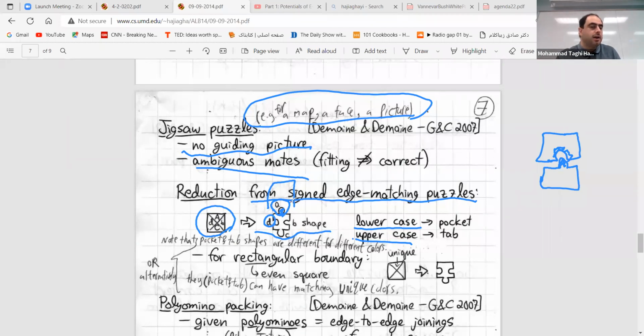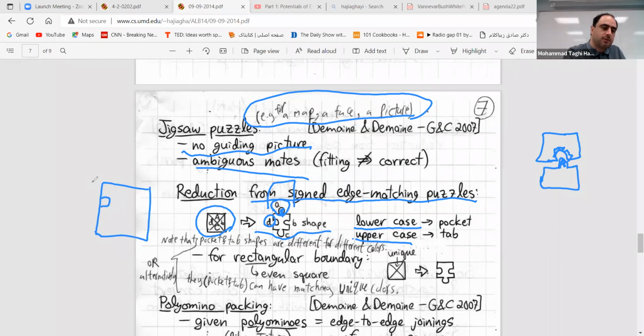Good. Now, what can you do even more than that if you don't want to have the colors? You don't need to have the color. For each different color, you can have a different pocket and tab that only match together. For example, you can consider it at different places.